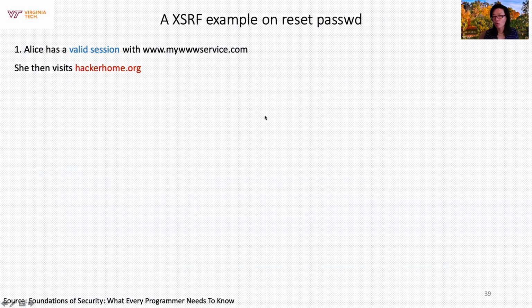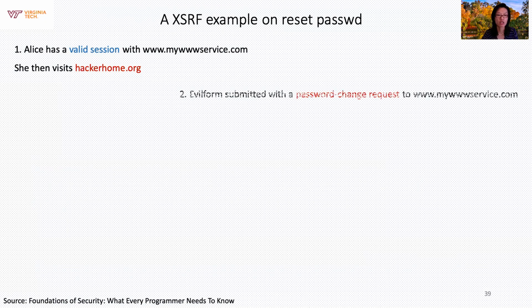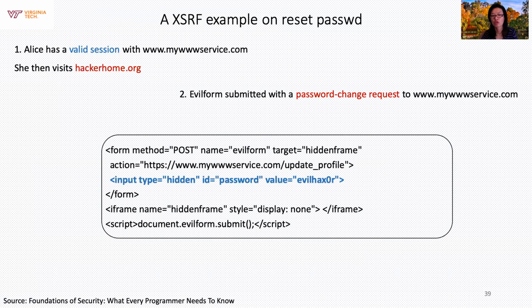A couple more examples. For example, here Alice already has a valid session, and then visits a malicious website. The malicious website may send a password change request to her service. This could be a hidden form you don't see, but when you visit a certain website, it just gets automatically loaded.